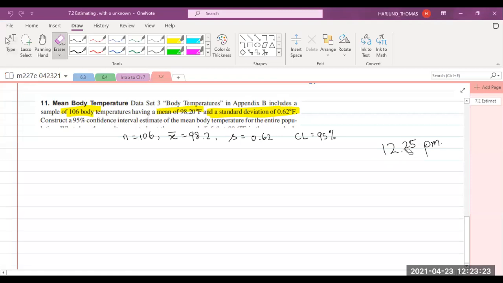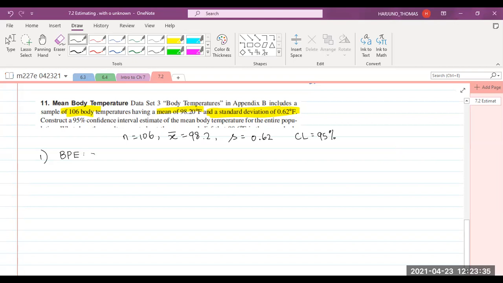Okay, let's start again. So step 1, best point estimate, x bar equals 98.2.